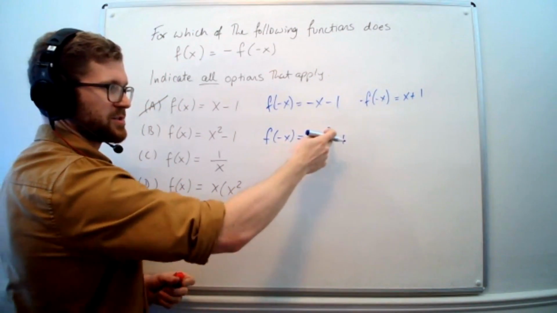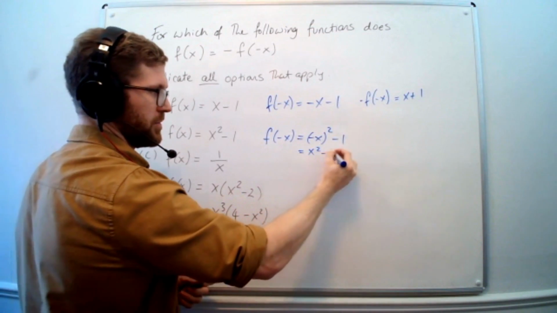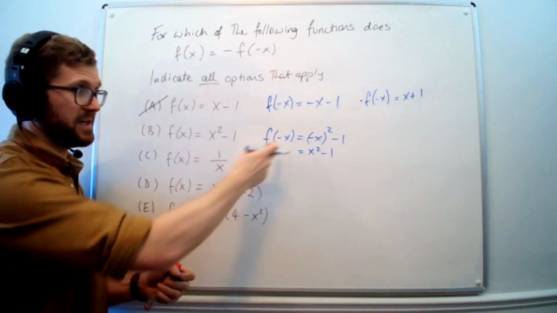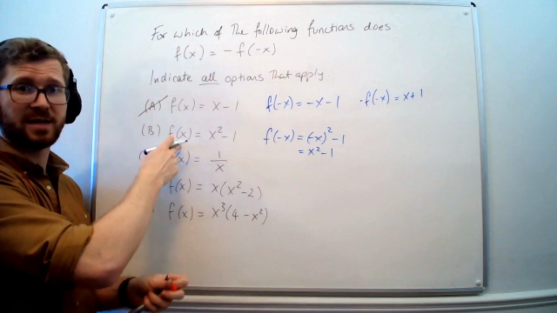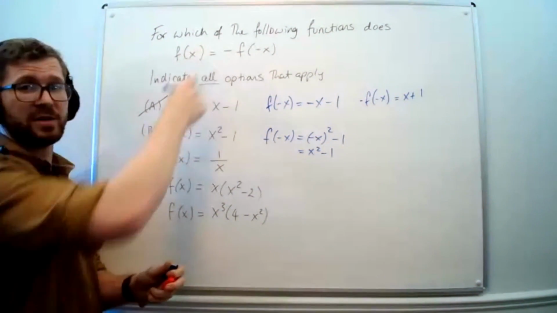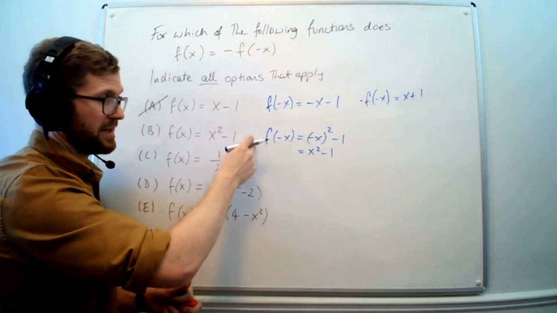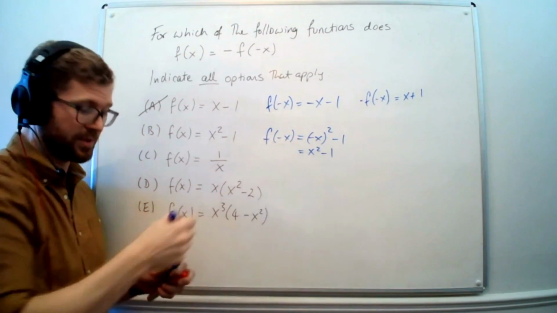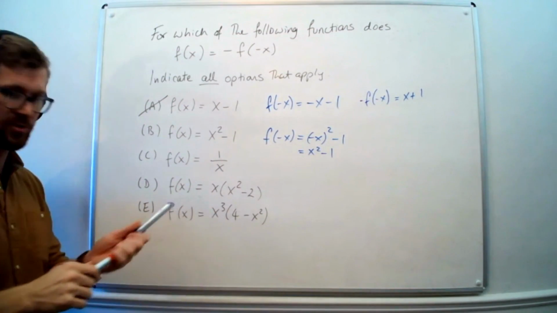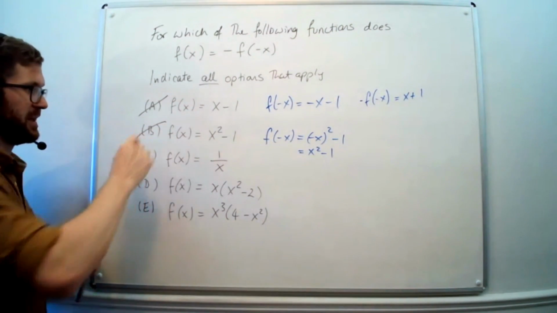But negative x squared, well, that's just x squared. So in this case, f of minus x equals f of x, which is not what we're looking for. We want the cases where f of x is equal to minus 1 times f of minus x. We don't want them when they're equal to each other, so we can cross out B as a possible answer.